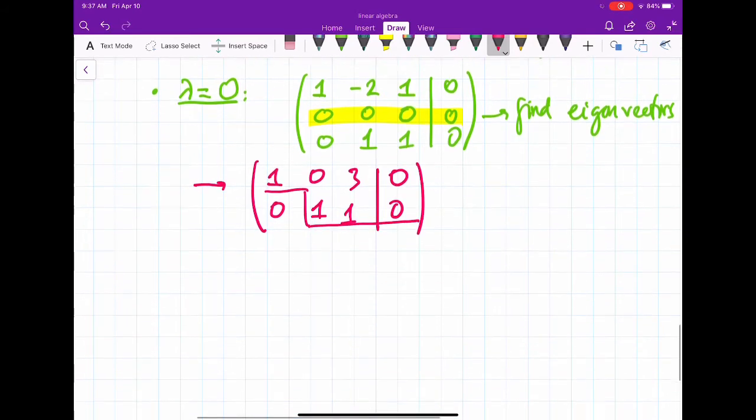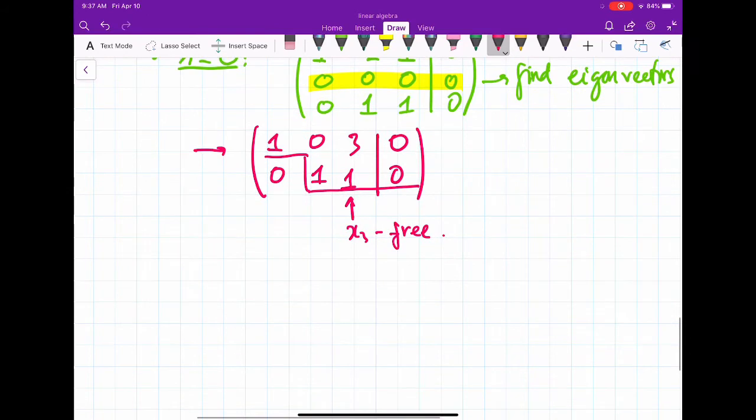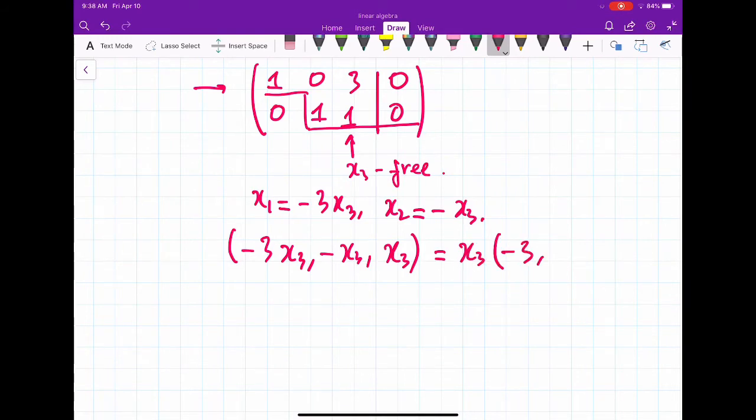From here, we can see that x3 is free, and x1 equals negative 3 x3, x2 equals negative x3. The general solution looks like this: negative 3 x3, negative x3, and x3. You take x3 out, you get x3 times (negative 3, negative 1, 1).